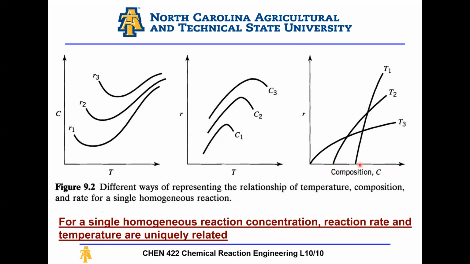You need to remember that for a single homogeneous reaction, concentration, reaction rate, and temperature are all related. It's not a linear relationship. It's not a quadratic relationship. It's a very unique type of relationship. It depends on your equilibrium constant, your concentrations, the position of equilibrium, the initial compositions, and the temperature you want to operate at.